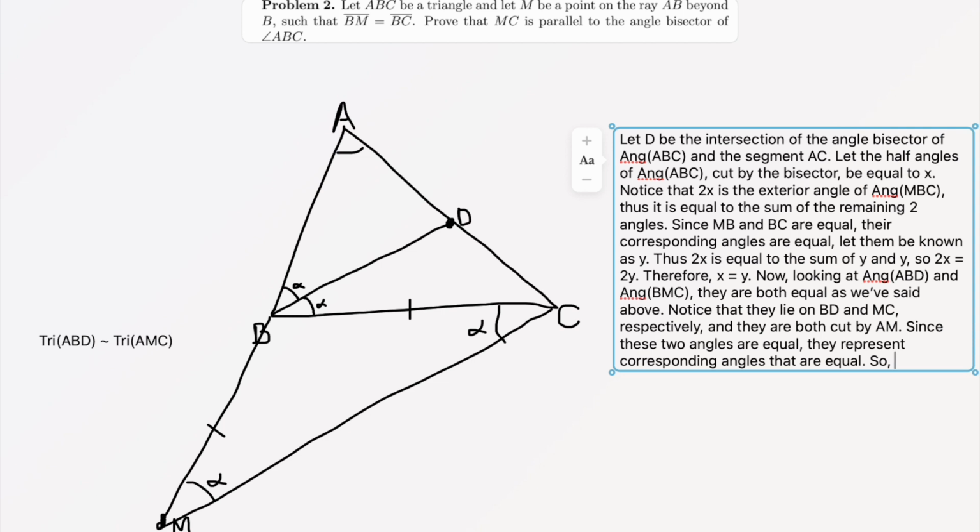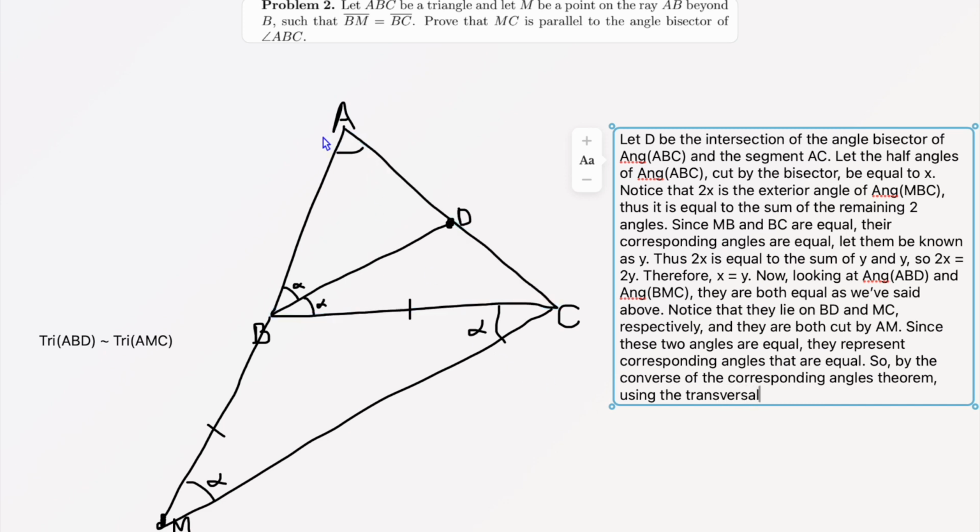So, by the converse of the corresponding angles theorem, using the transversal AM, we can deduce that BD is parallel to MC. I think that's a decent proof.